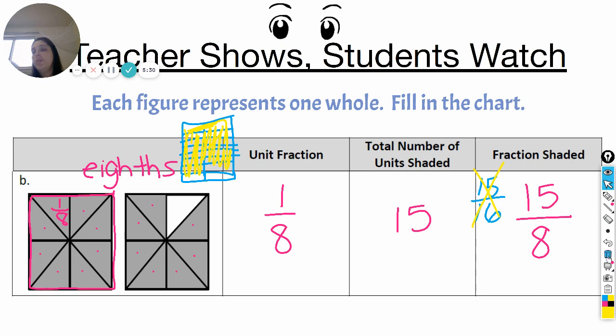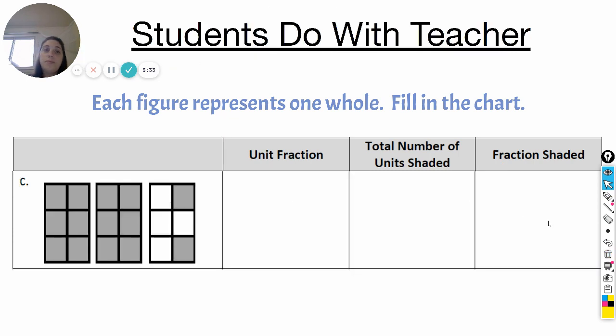So let's go ahead and do an example together. You can see here we have 3 different figures. Each figure represents one whole. So we're going to start by looking at just one figure and figure out the unit fraction. So remember that unit fraction is always 1 out of something.